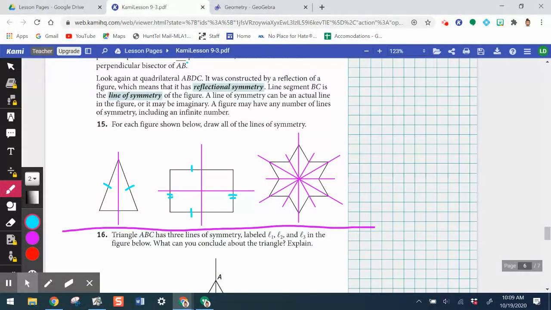So look again at quadrilateral ABDC. It was constructed by a reflection of a figure. And what that tells us, if you can create a figure by reflecting half of it across one of its sides, then that figure has reflectional symmetry. That's one of our vocab words. Line segment BC in item 14 was the line of symmetry.